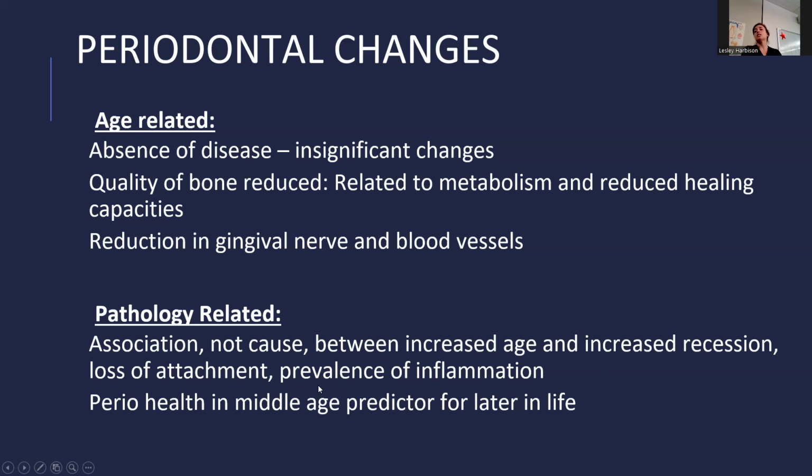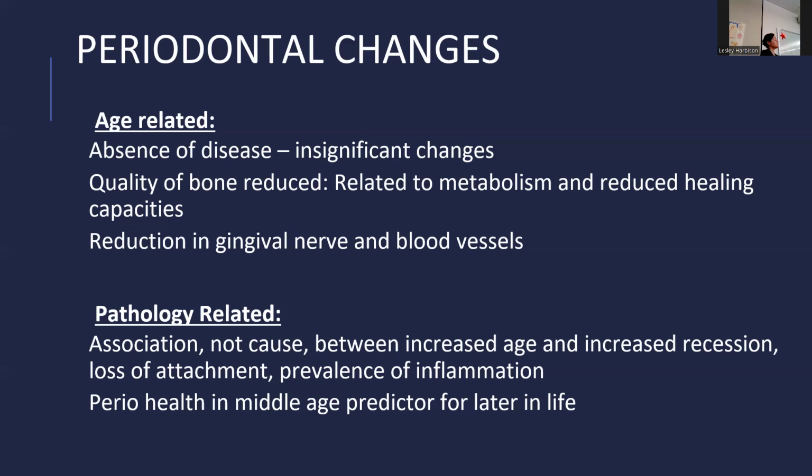There's attachment loss, prevalence of inflammation, periodontal health in middle age is a predictor for later in life. So let's say somebody in their 40s started to experience periodontal disease, bleeding upon probing, bone loss, and maybe it's because they were neglectful, or maybe it was hereditary, their parents had it, so they're more susceptible and they need to pick up their oral hygiene, come in more often, whatever factors are involved.